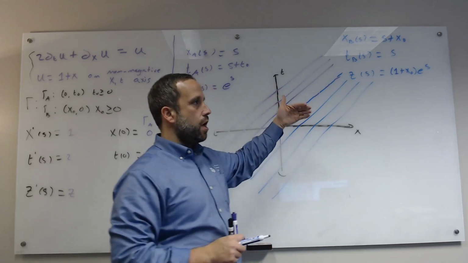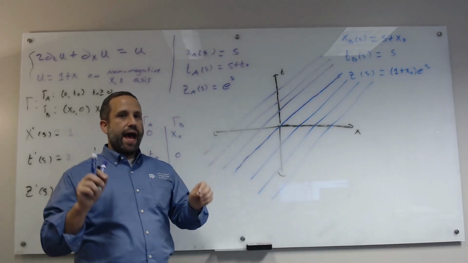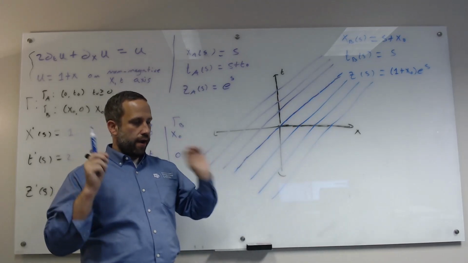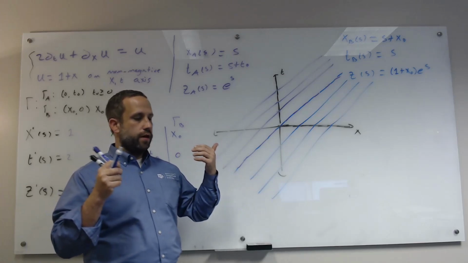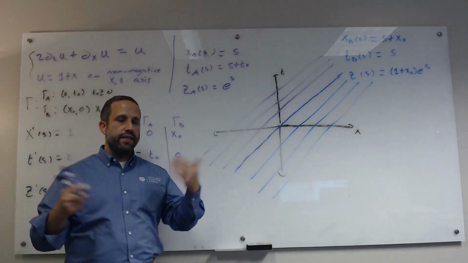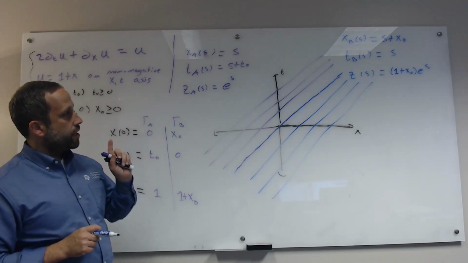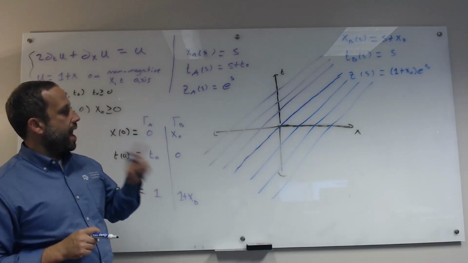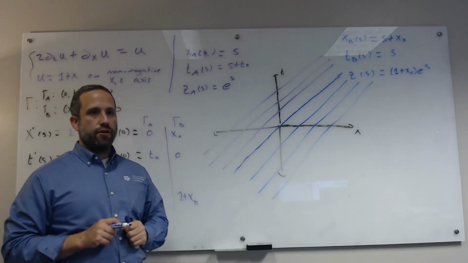So this is good because remember in the existence and uniqueness video I mentioned that we need it so that the characteristics only intersect the gamma curve once, at least to get global solutions. In addition to that, the really important thing is that we can see that every point in the xt plane is going to be on exactly one of these characteristics.